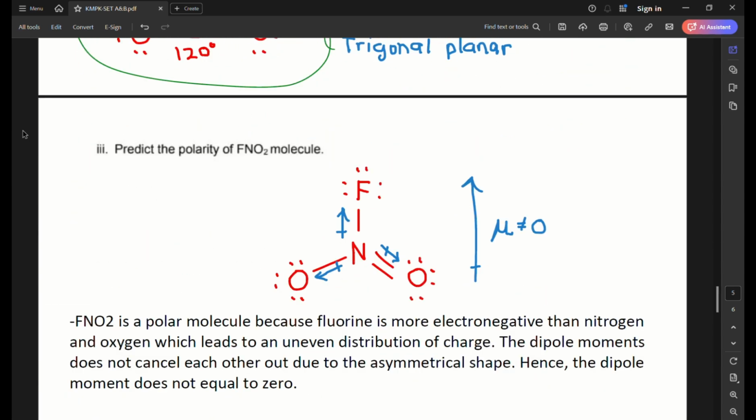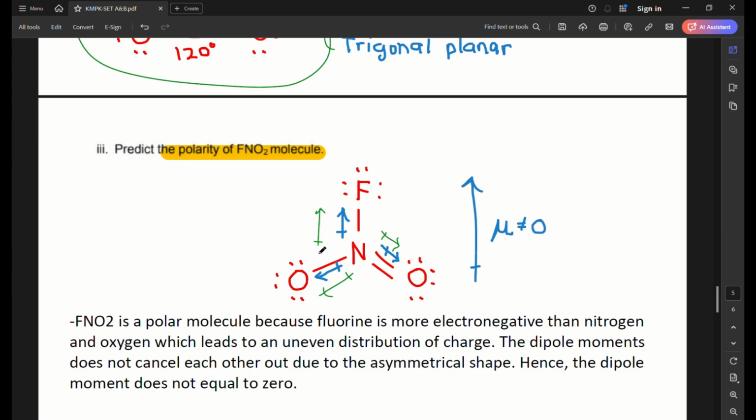Moving on to the next one: predict the polarity of the FNO2 molecule. To determine the polarity, it is related to the electronegativity. As you can see, O is more electronegative than N, and F is also more electronegative than N. Hence, the electrons are attracted towards them, away from nitrogen.